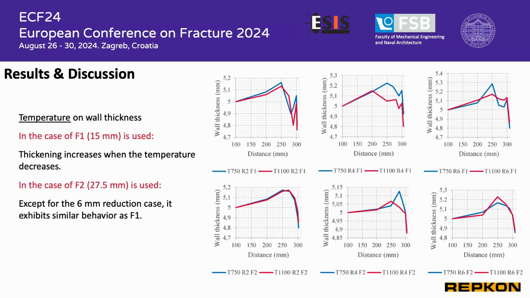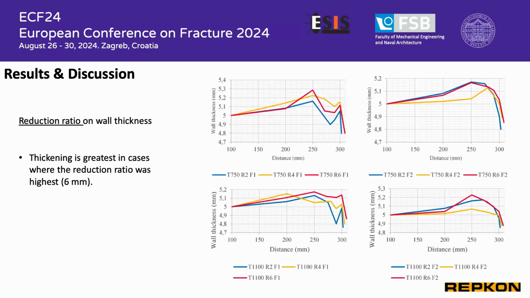Let's move on to the influence of reduction ratio on wall thickness. Thickening, at least 3 out of 4, is increasing to the greatest value where the reduction ratio was the highest value. So it's actually expected.